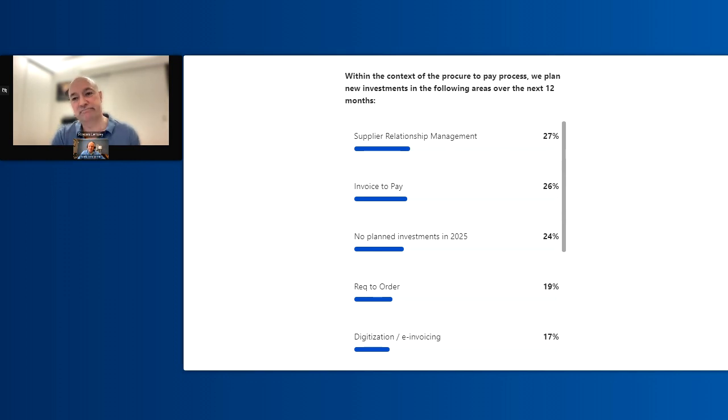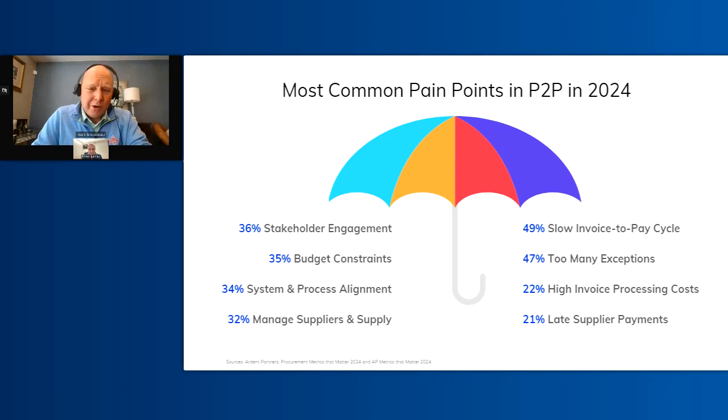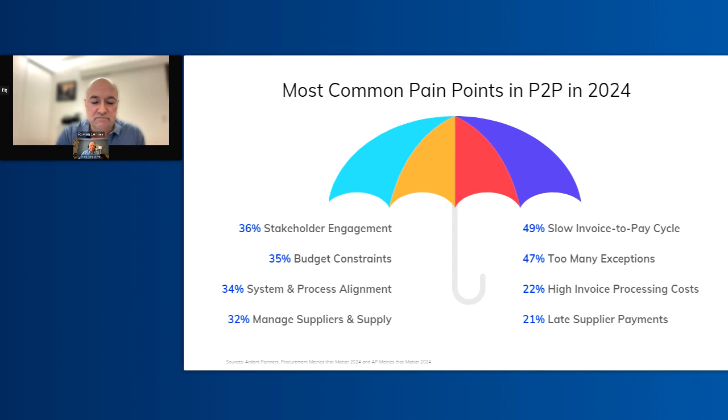I'm not shocked. So let's talk about the pain points, Rowan. What are you seeing when it comes to the most common pain points in procure to pay? Yeah, so these numbers come from two different industry benchmark reports, procurement on the left, AP on the right. I do think it's kind of interesting, and I'm interested in whether the audience sees themselves in these numbers.